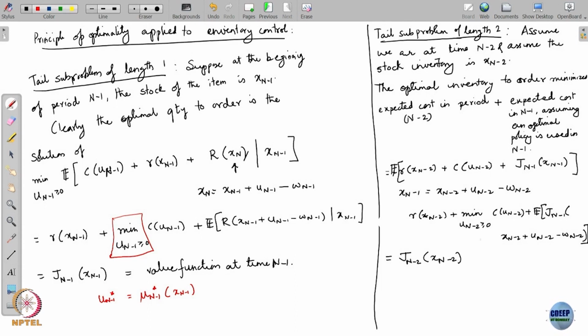And the process of calculating this, as before, the minimization here also yields us u n minus 2 star as a function mu n minus 2 star of x n minus 2.